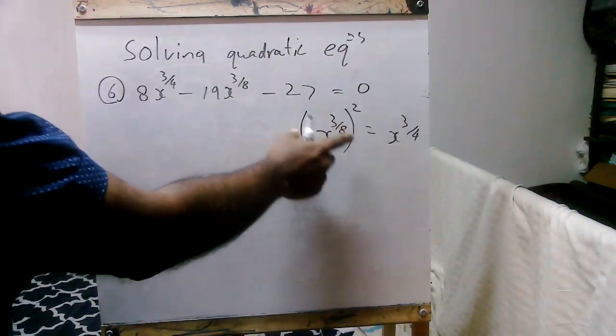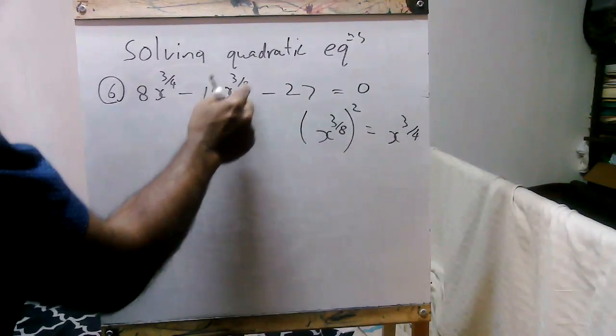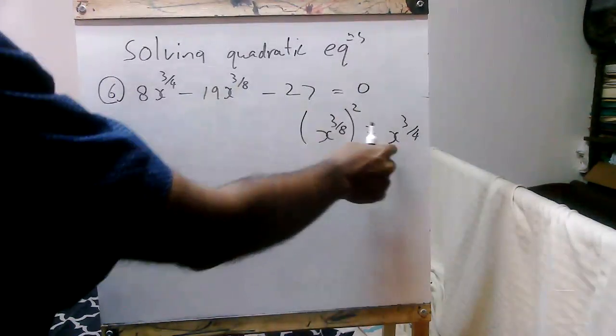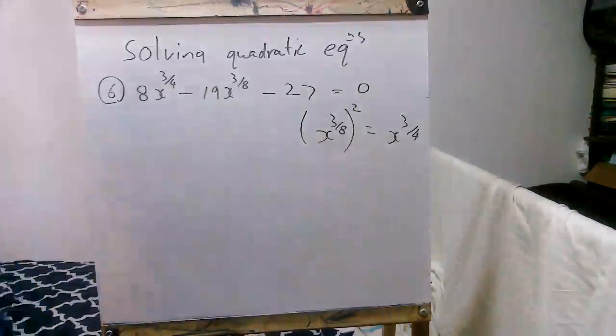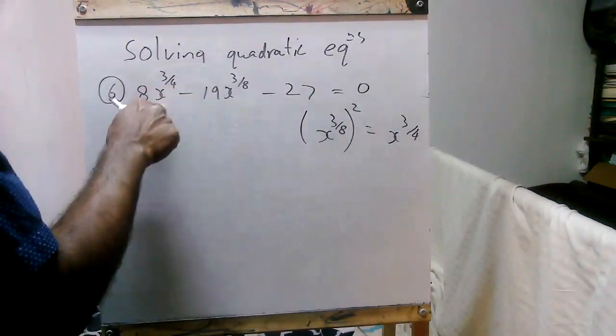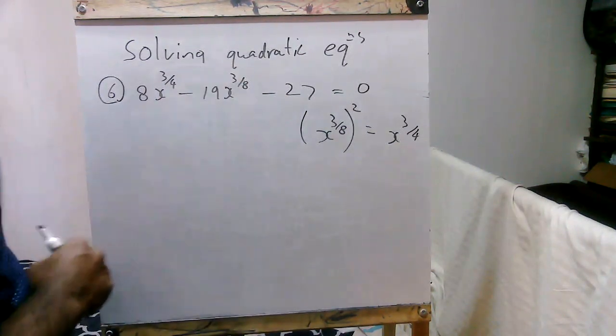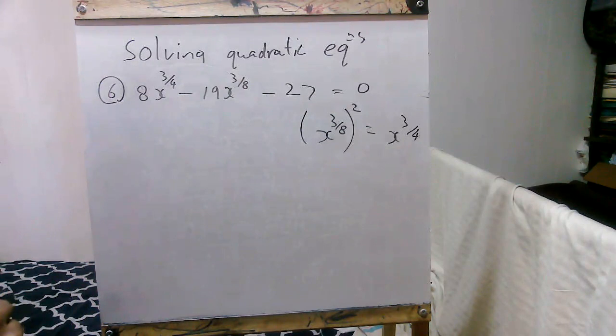What I did, I took this one, x to the power 3 over 8, I squared it, we get x to the power 3 over 4, which is this one. That means this is the square of this. Understand?